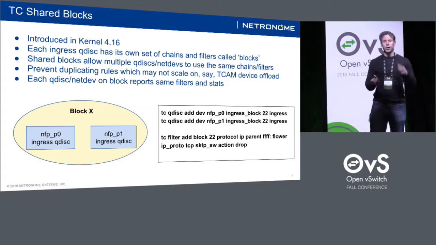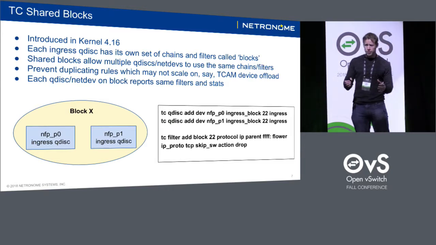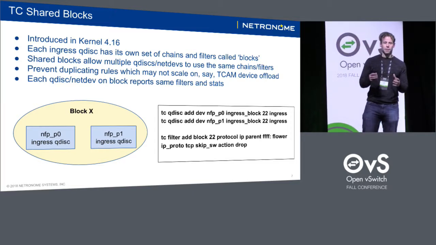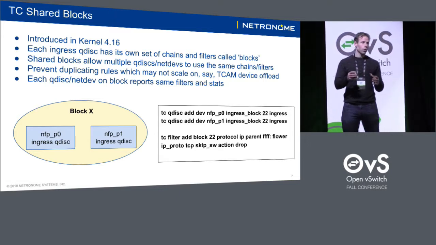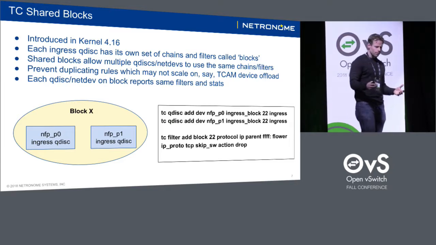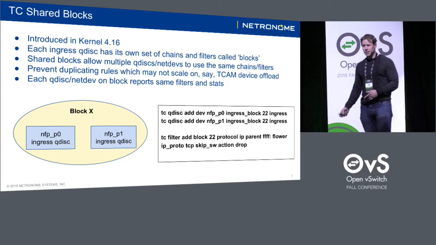If we consider a qdisc and a series of, say, flower rules applied to that qdisc, we consider all of these to be a block. A shared block is effectively this set of rules shared between multiple qdiscs and, in turn, multiple ports. This wasn't introduced with bonding or lag devices in mind.